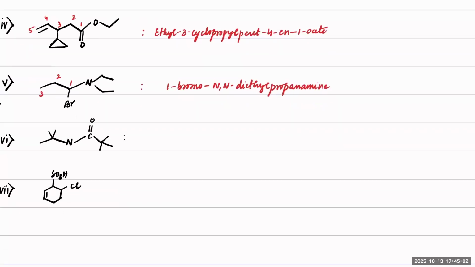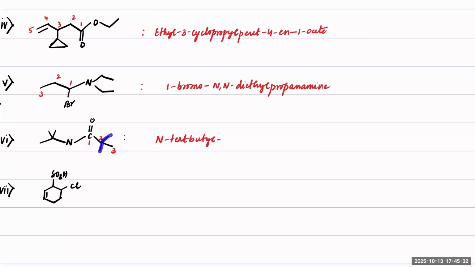Next here, this is amide. In the case of amide, numbering will go like this. And on the left hand side, you can have this entire thing. I can write it as a tert-butyl. 1, 2, 3, 4. So this is tert-butyl. So I can write it as N-tert-butyl. And before that, you can see we have at two position, methyl and methyl.